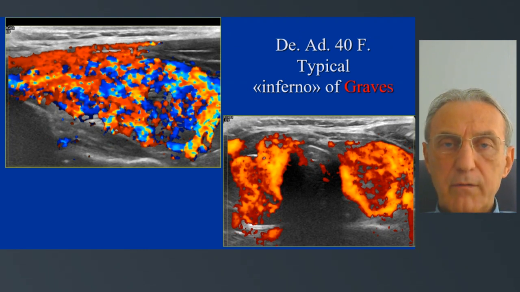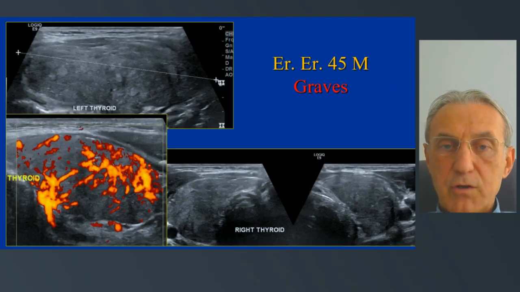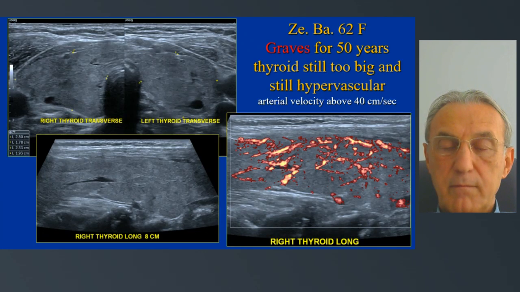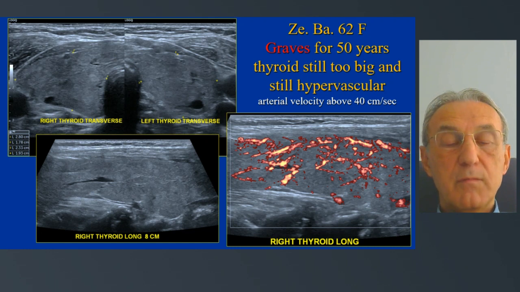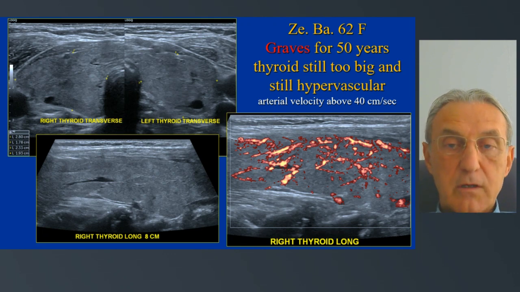And in another female patient, the typical inferno pattern of Graves disease is seen also here. This is another patient, the grayscale and color Doppler findings of Graves. This is a 62-year-old female, and you see that the gland is still very big and still hypervascular. The patient had Graves disease for 50 years, but still the velocities are high and there is hypervascularity after so many years.